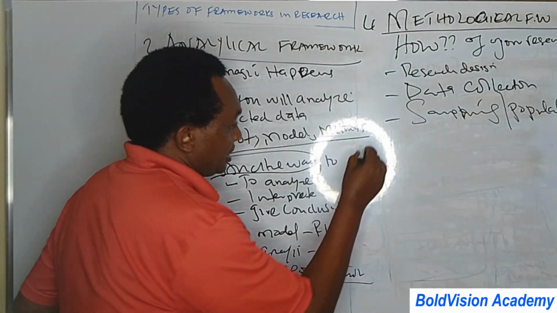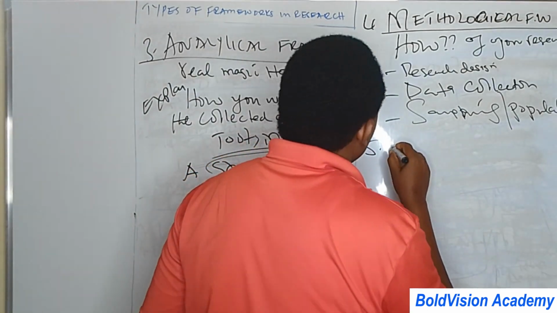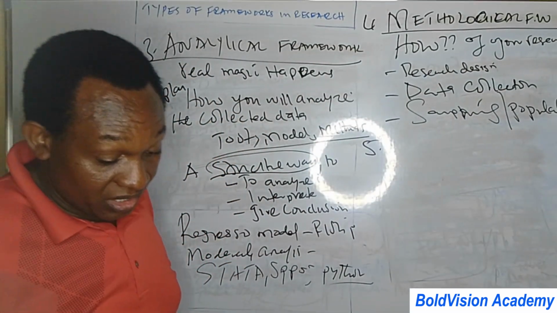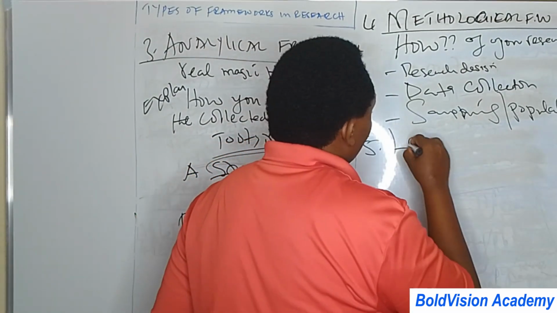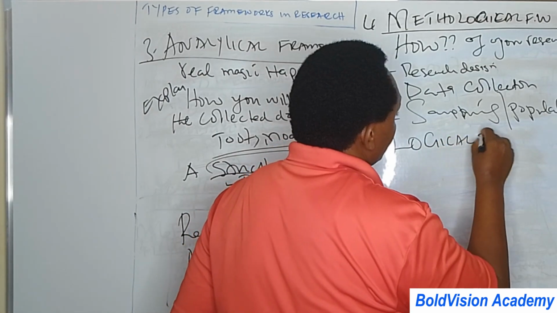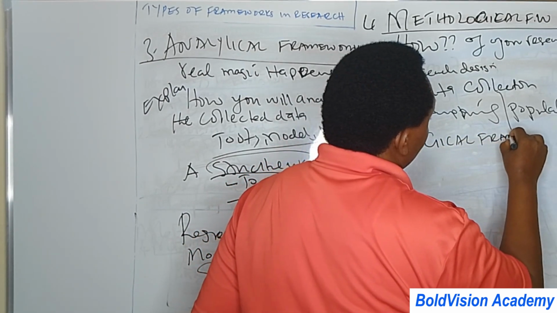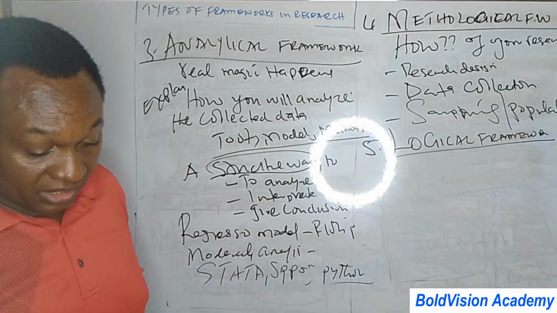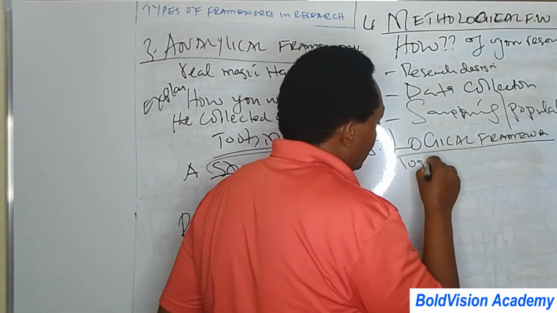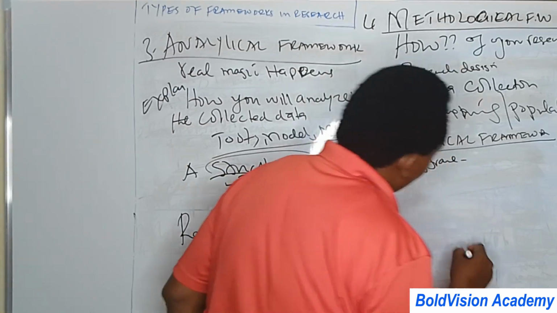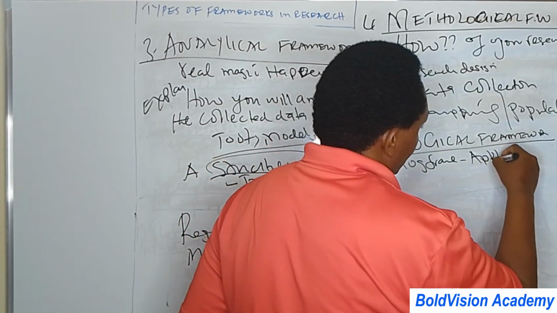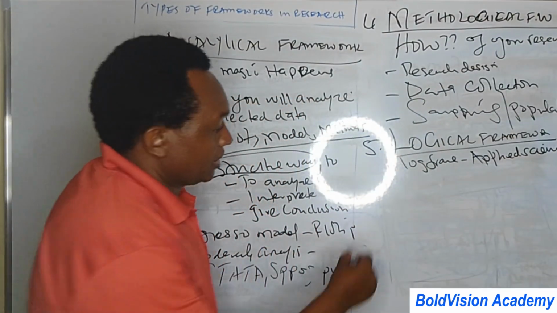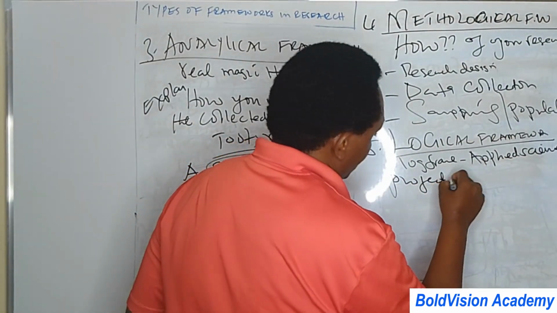And that takes us to number 5. That is our number 5 framework, which is the logical framework. So this is just what you call the log frame, and it is mostly used in applied sciences, especially in projects.